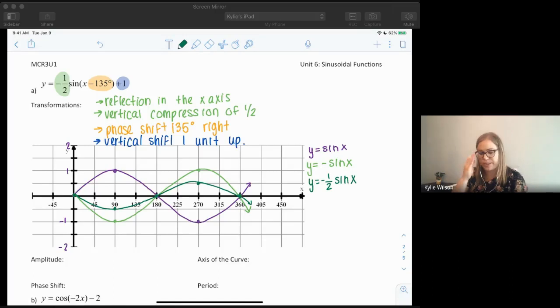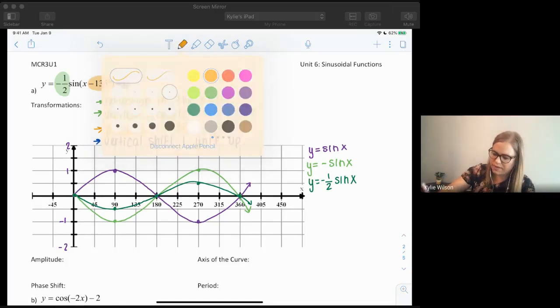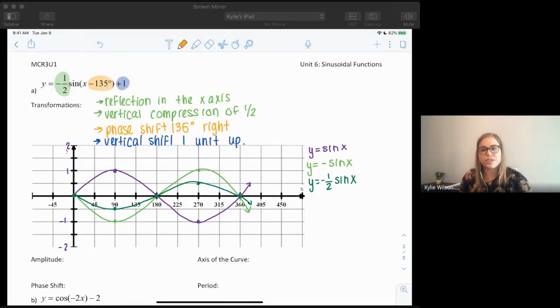Next, we're going to do our phase shift 135 degrees to the right. So we're going to move everything 135 degrees to the right. So we'll start with my first point on the far left, move it 135 degrees. Then we'll do the same with my second point. Move it 135 degrees. Oops, I moved it a little too far, sorry.